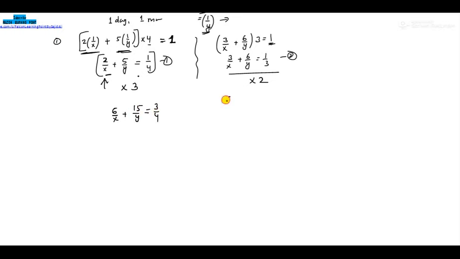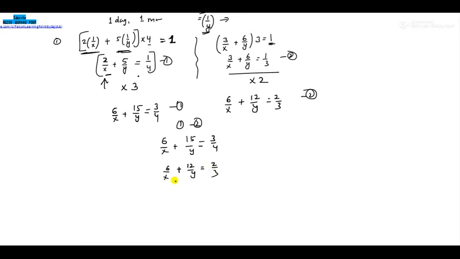Similarly this becomes 6 by x plus 12 by y, equal to 2 by 3. So this is 1 and 2, so 1 minus 2 if we do, this becomes 6 by x plus 15 by y equals 3 by 4, minus 6 by x plus 12 by y equals 2 by 3.